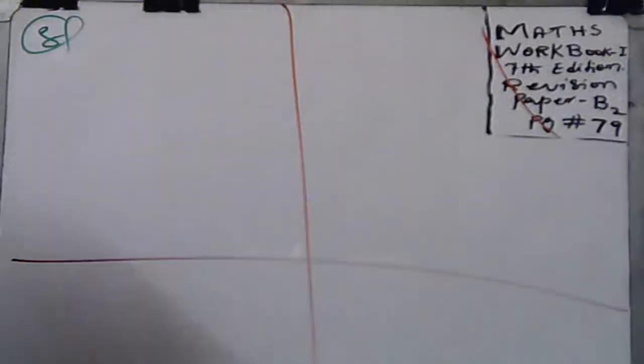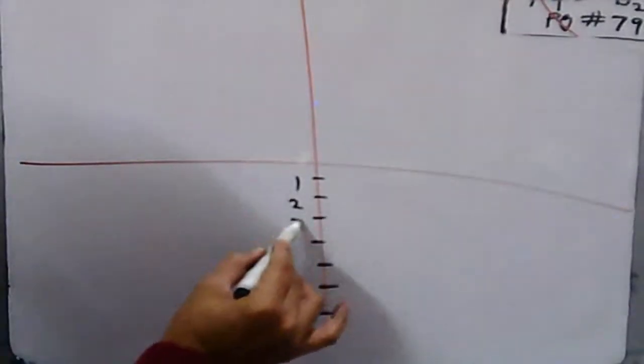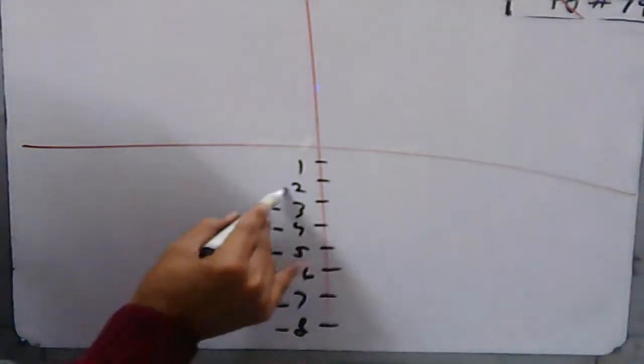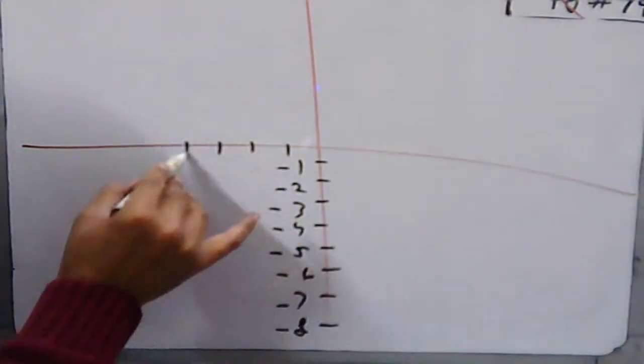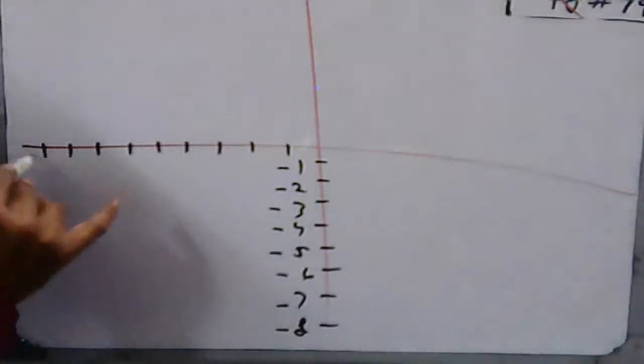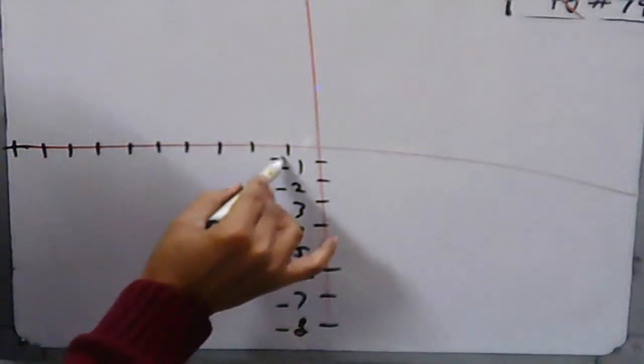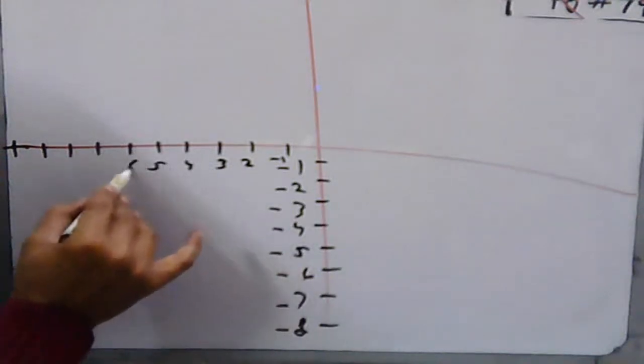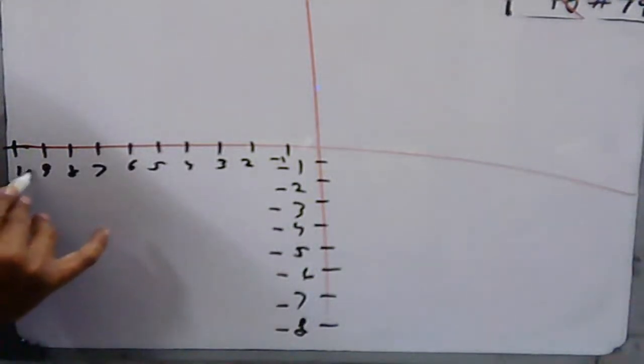By the same methodology, you can see here the axes: 1, 2, 3, 4, 5, 6, 7, 8 on the positive side, and 1 to 8 and up to 10 on the negative side.